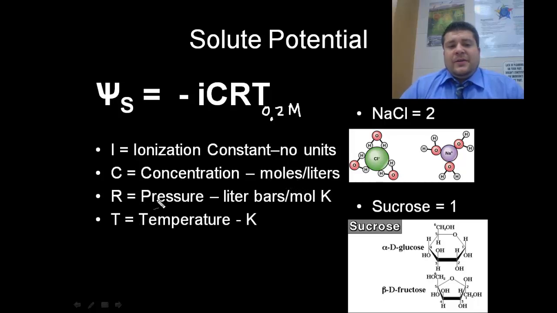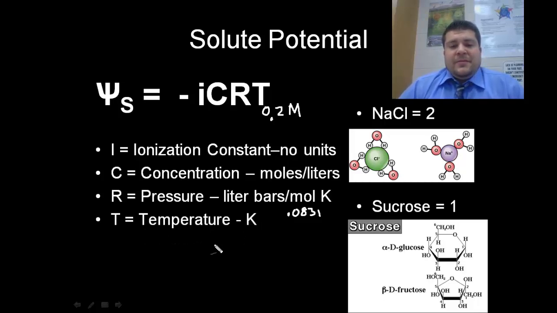R is actually going to be equal to the pressure constant, and this is going to be in terms of liters times bars over moles times kelvins. And this is going to be a constant number. So it's 0.0831. Okay? And this is going to stay the same every problem that you have to do, so you really don't have to worry about it or memorize it.